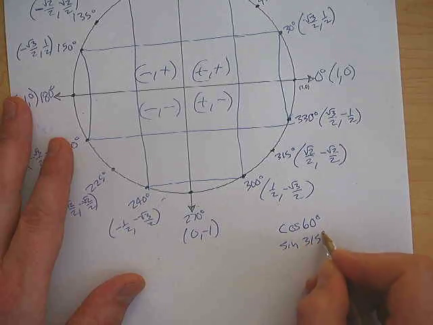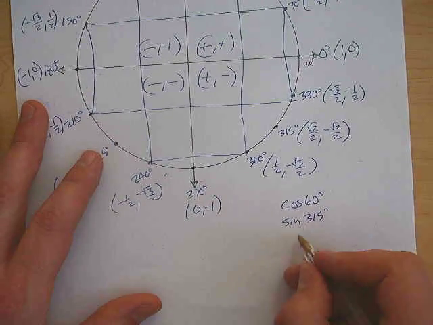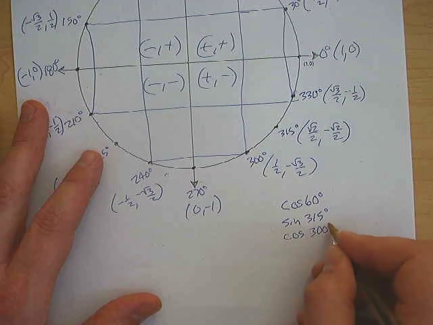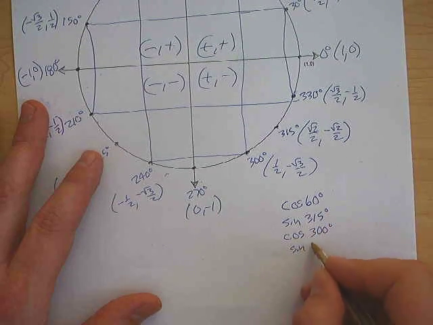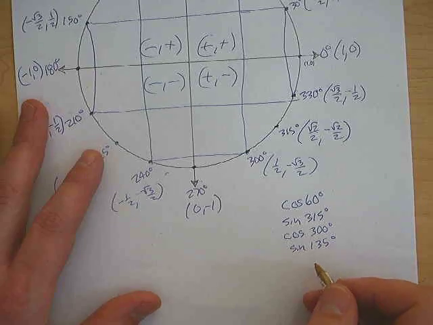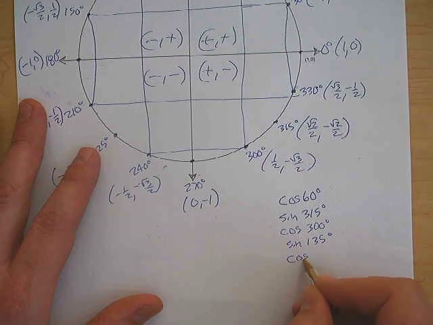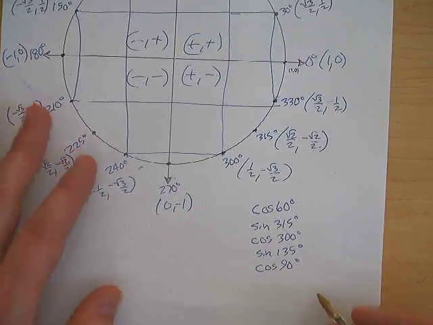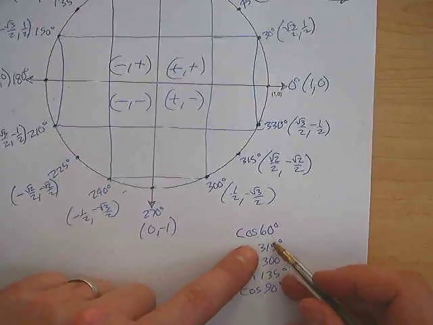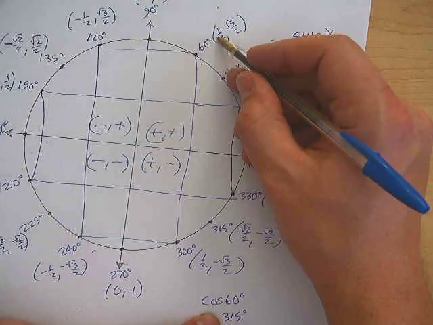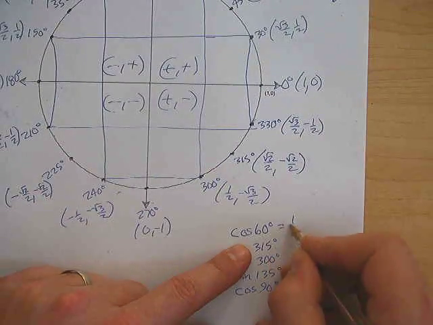So for instance, if I asked for the cosine of 60 degrees, or I asked for the sine of 315 degrees, or I asked for the cosine of 300, or the sine of 135, or let's see, the cosine of 90.